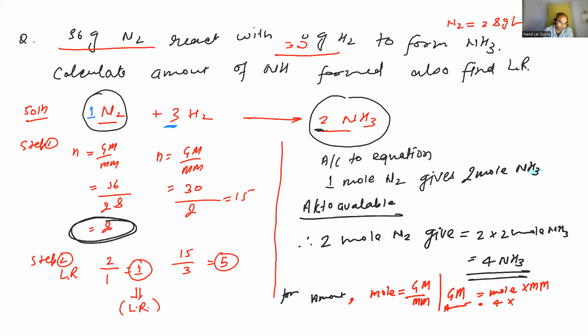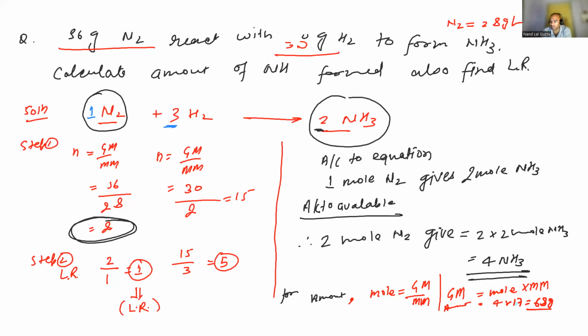What is the molar mass of NH3? 17. Okay, so how much is going to come? What will be our answer? 4 into 17, 68 gram.